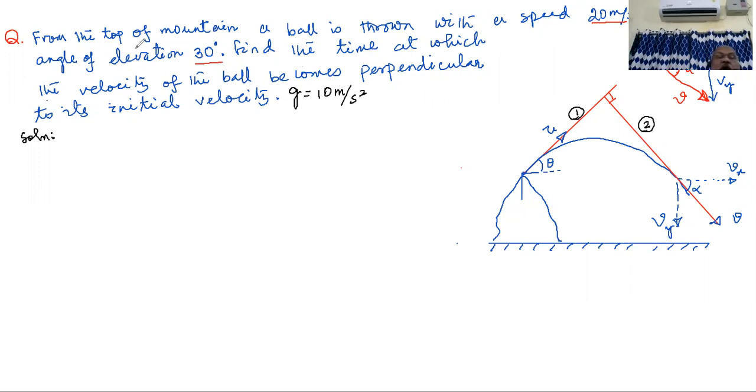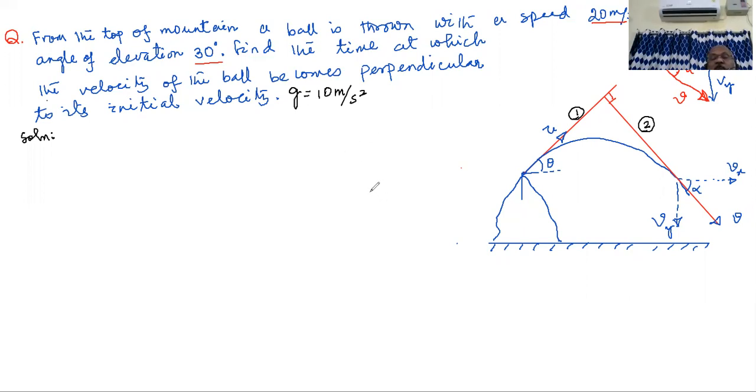Now coming back to the angle of elevation. Angle of elevation and angle of depression are always measured with respect to the horizontal direction. If a body is thrown upward, then the angle that the velocity or propagation direction makes with the horizontal, we call it the angle of elevation.